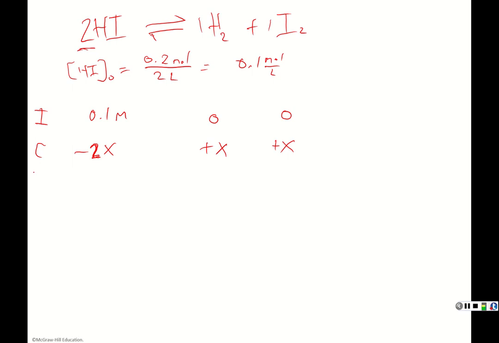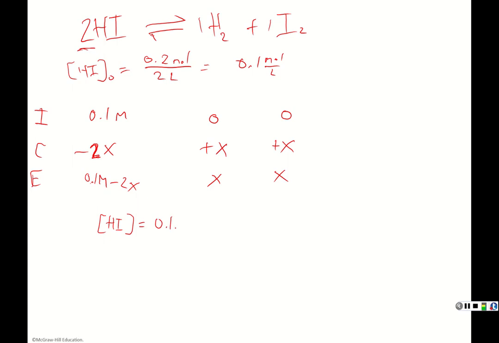At equilibrium, it's the initial plus the change. So for HI, we have 0.1 molar minus 2x, and for both of the products, we have 0 plus x, so we can just write x for both of these. Now we need to solve for x using the equilibrium concentration of HI.